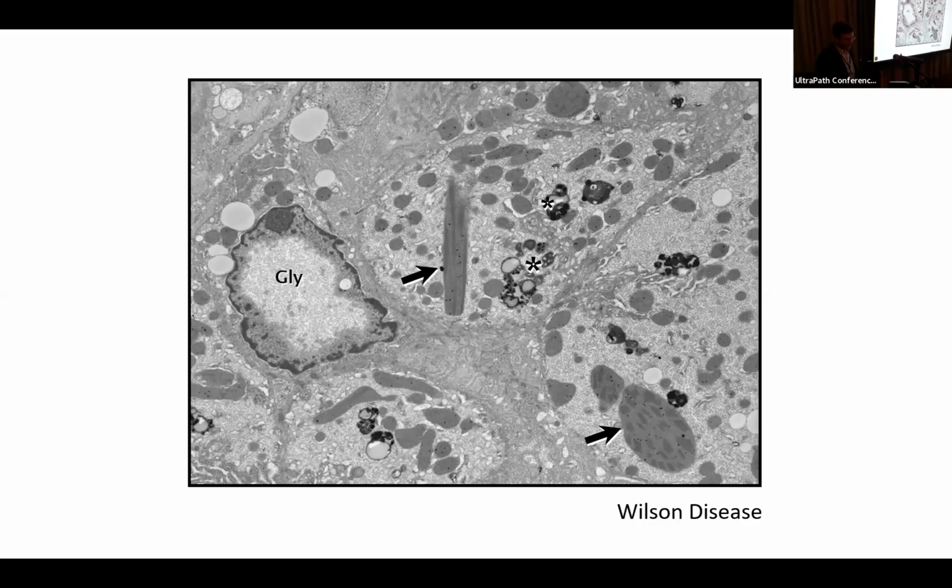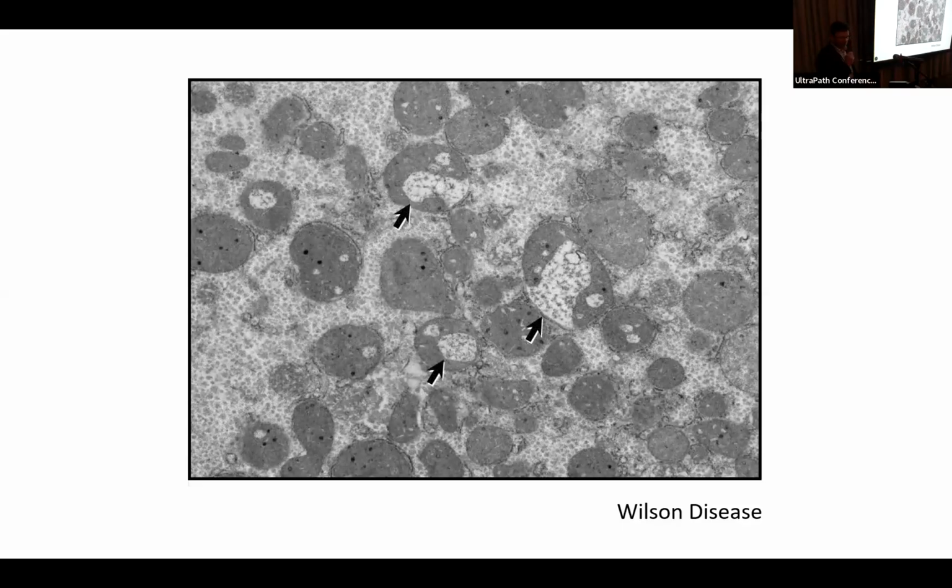But this trinity that we mentioned earlier, the glycogenated nuclei, the really bizarre mitochondria with paracrystalline inclusions, microvesicular lipid, usually moderately high, and then these really unusual copperosomes, is what we look at.